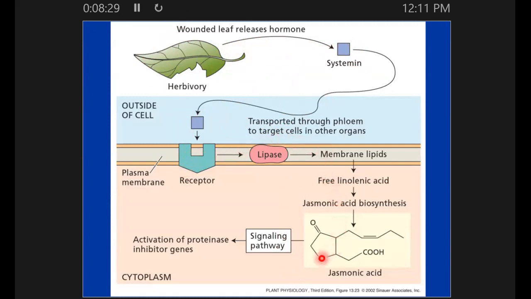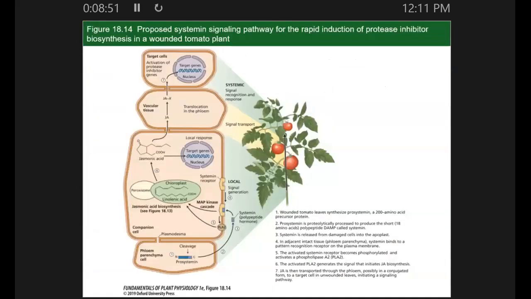You see that that will kick in jasmonic acid, and then you see that can kick in the proteinase inhibitors, get those up and running so that as the caterpillar continues to chew, they're going to get a dose of those into their digestive tract. And so this is a signaling pathway that they've been working on.